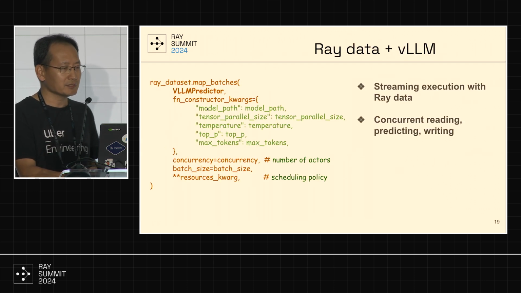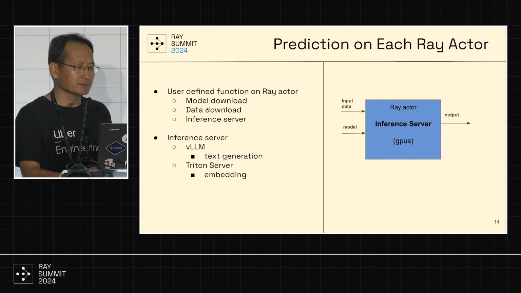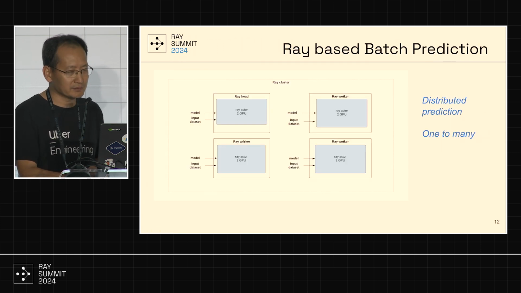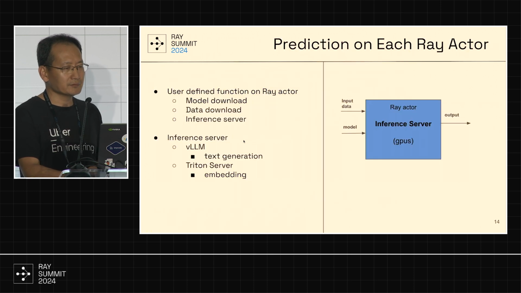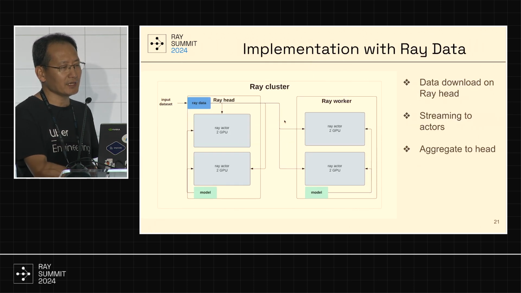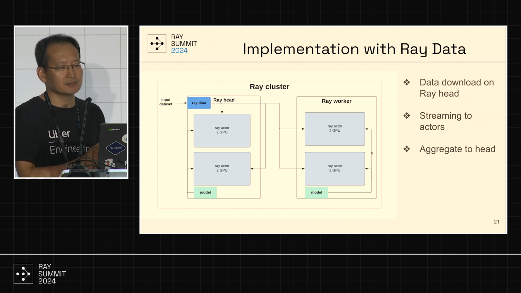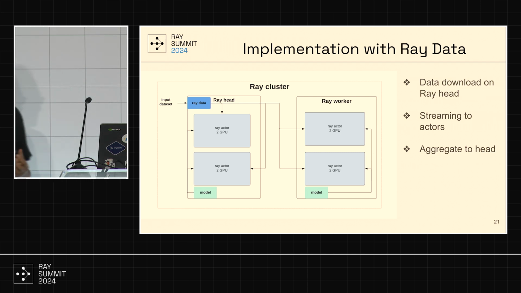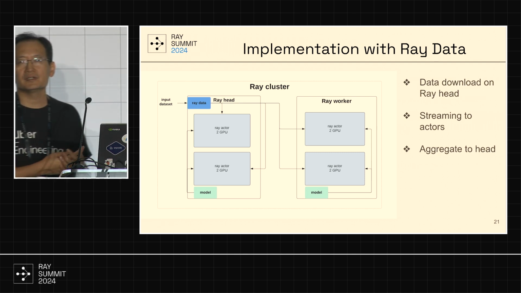In the earlier implementation we downloaded the data from each of the actors. In this implementation, you download from the Ray head, and Ray Data can do the streaming to each worker. This is more like the Ray Data generation. We can maybe try another way, but so far it works fine.